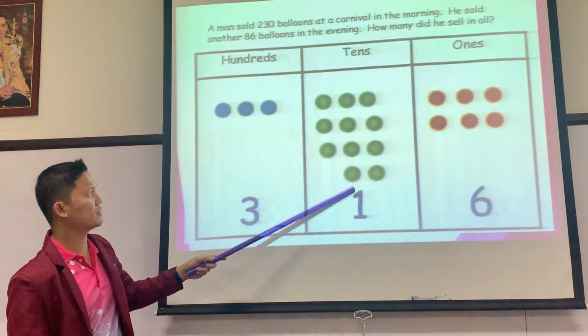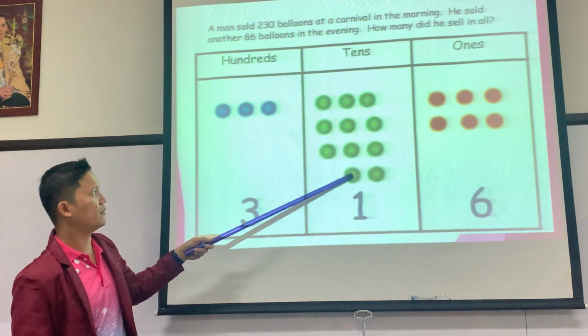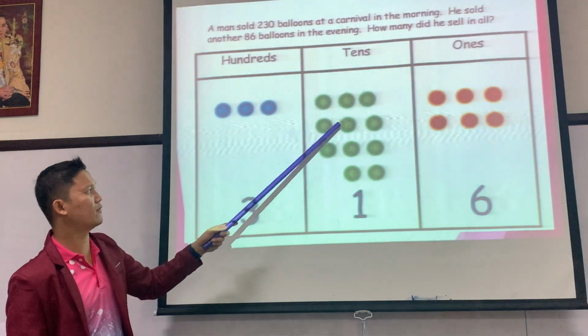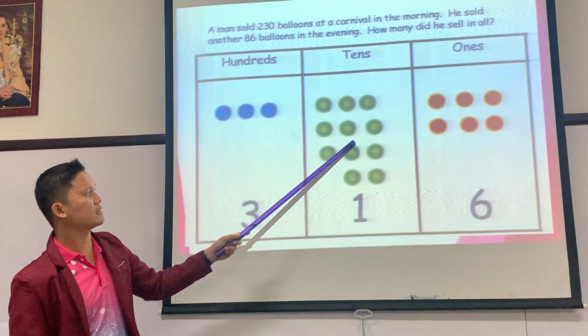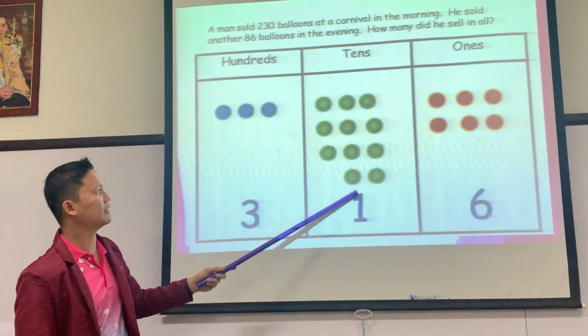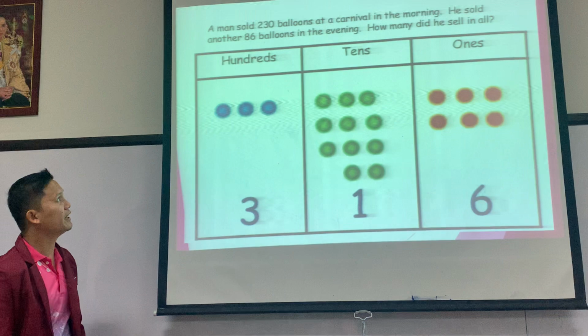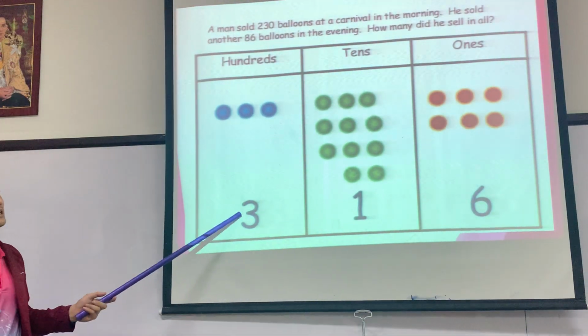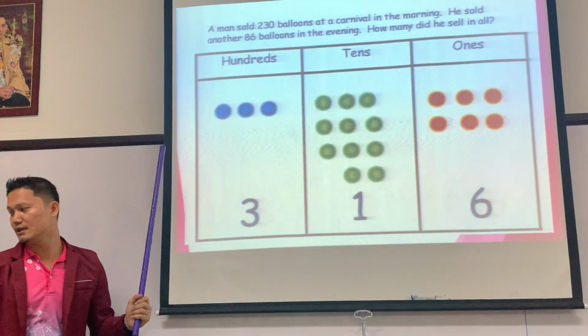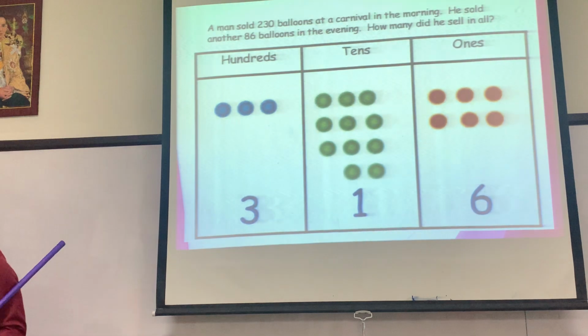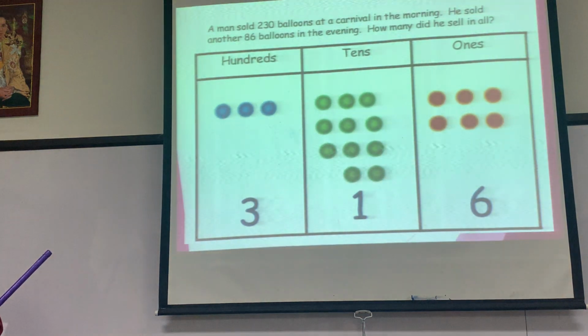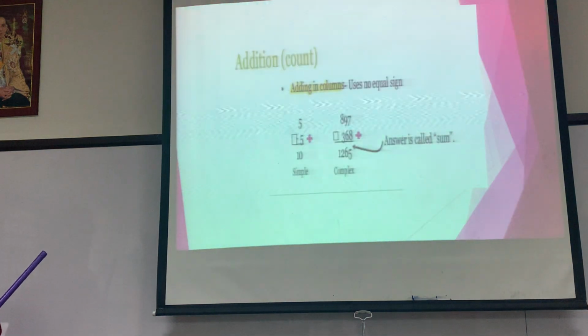There are 1 tens. So how many all together? 1, 2, 3, 4, 5, 6, 7, 8, 9, 10. 10 all together. And here, how many hundreds? 3. So there are 316 balloons he sold on that day.